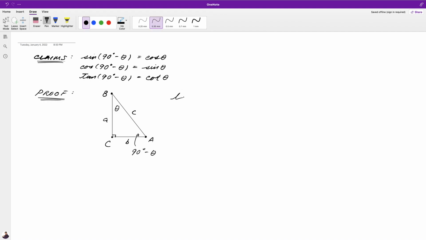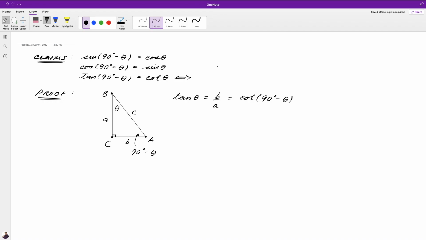Okay, so the tangent of theta. What is the tangent of theta? Well, it's going to be equal to opposite over adjacent. And as you can see, that's the same thing as the cotangent of 90 degrees minus theta. So this is going to be reversible.